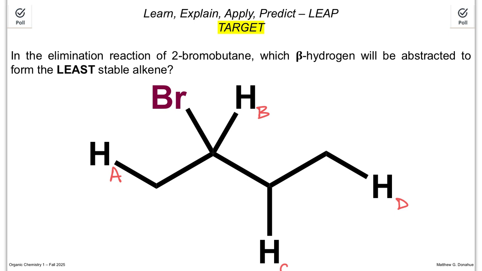So we're looking at, for this next run of questions, the beta carbons bearing the beta hydrogen. So if this is your base, the base is going to come along, abstract a hydrogen, and really to understand it, the best thing to do is abstract hydrogens from each beta carbon, draw all the possible products, and then rank them.